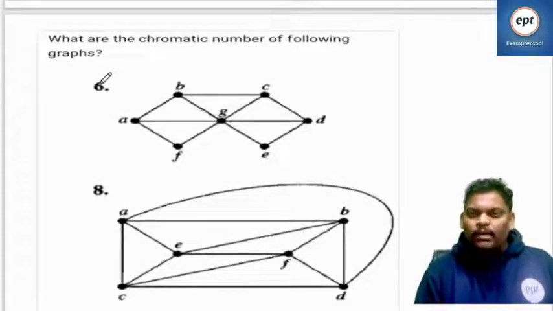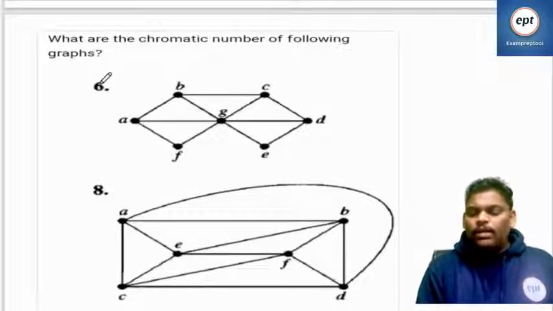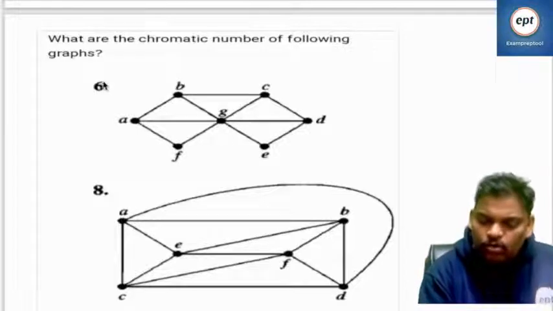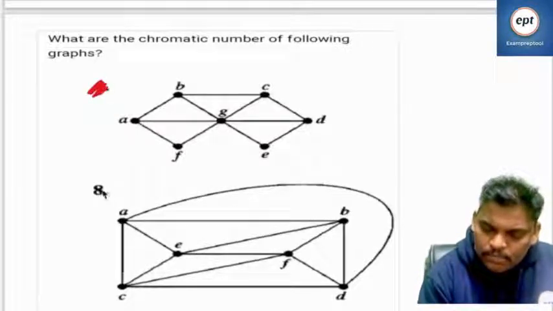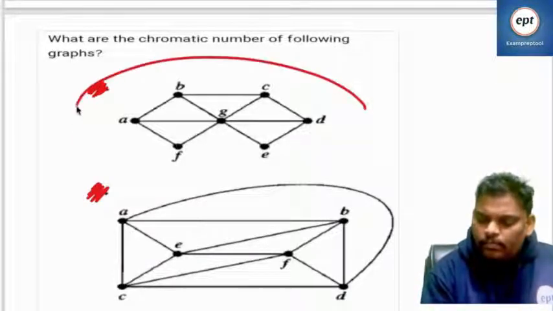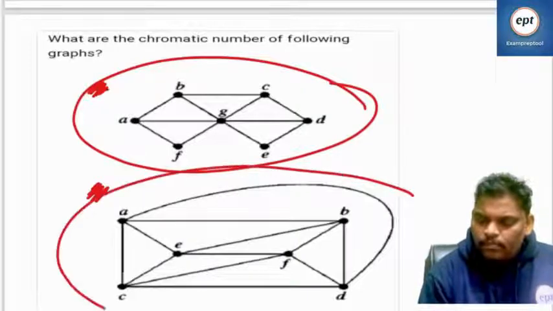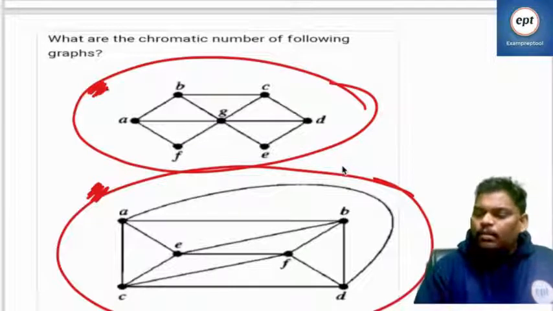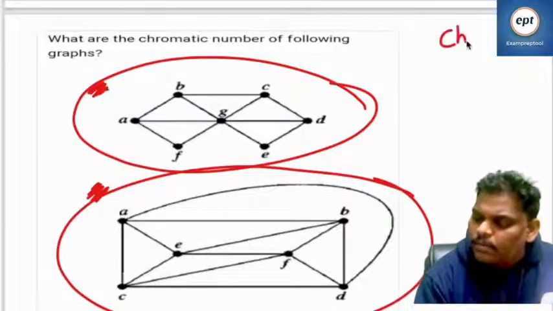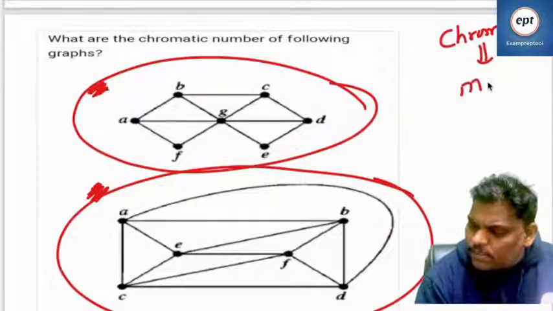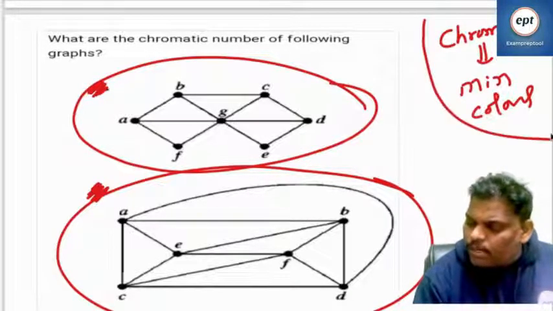So, what are the chromatic numbers of the following graphs? Two graphs are given, and we have to find the chromatic number. Remember everyone, chromatic number means minimum number of colors.